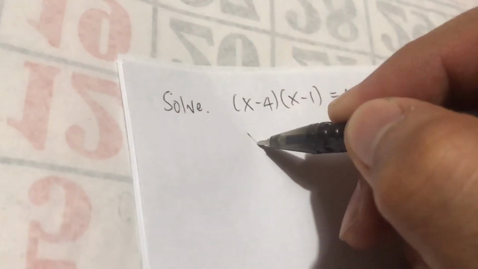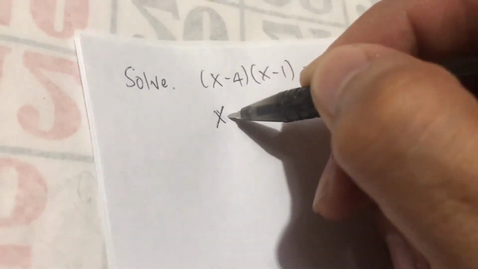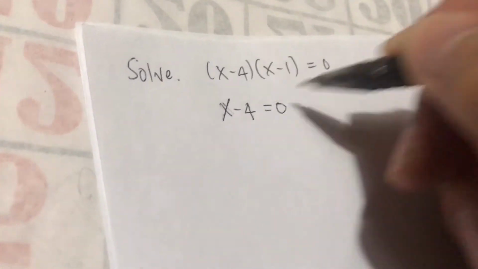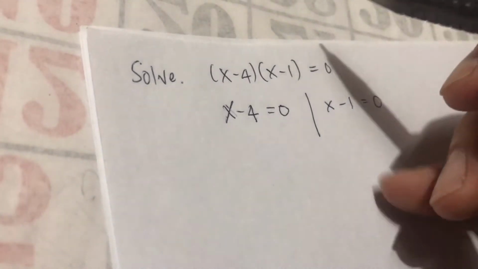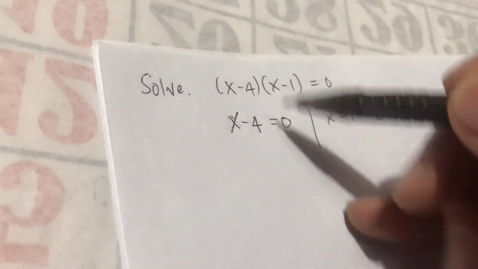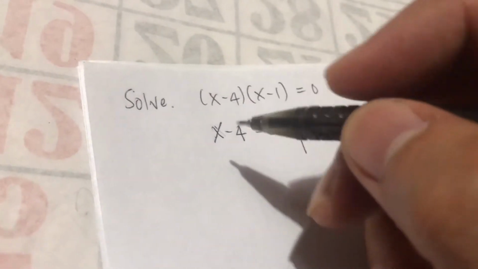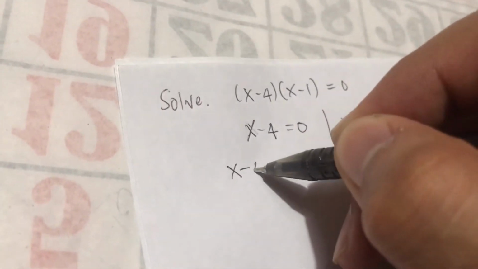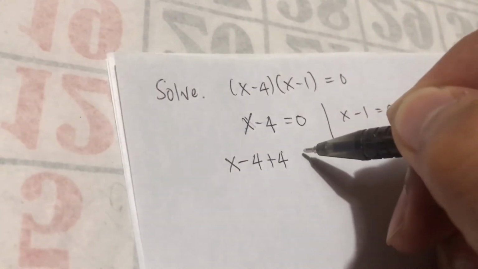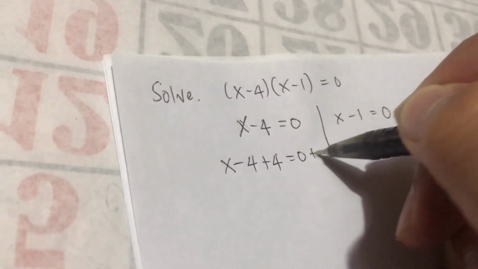So, magiging x minus 4 equals 0. X minus 1 equals 0. So, what are we going to do here? Sa left side, we are going to add 4 to both sides. So, magiging x minus 4 plus 4 is equal to 0 plus 4.